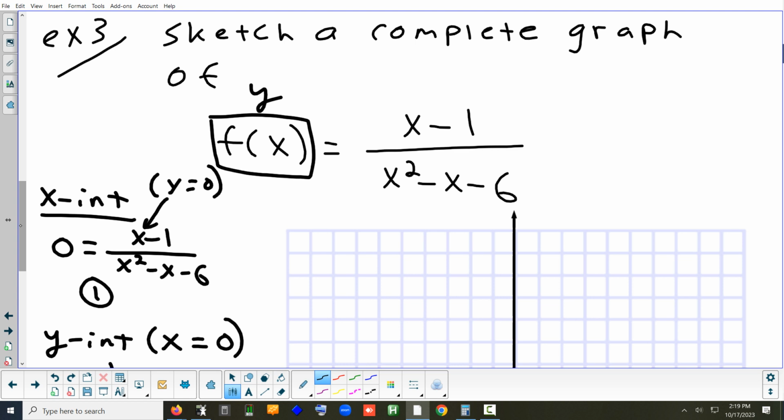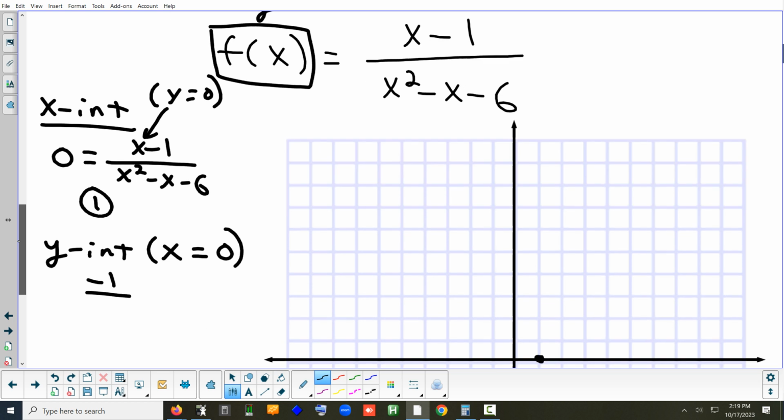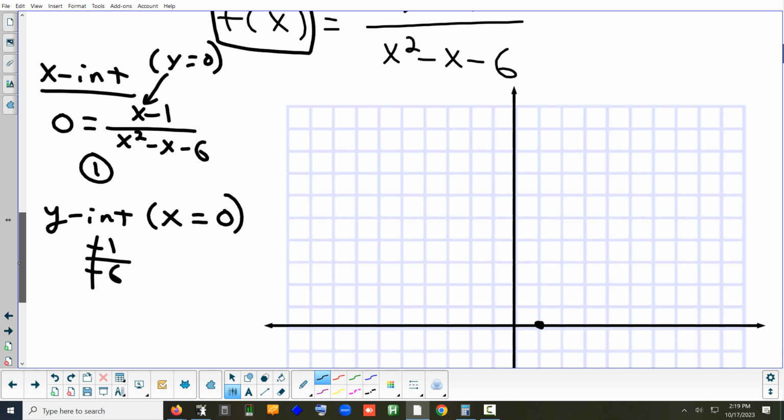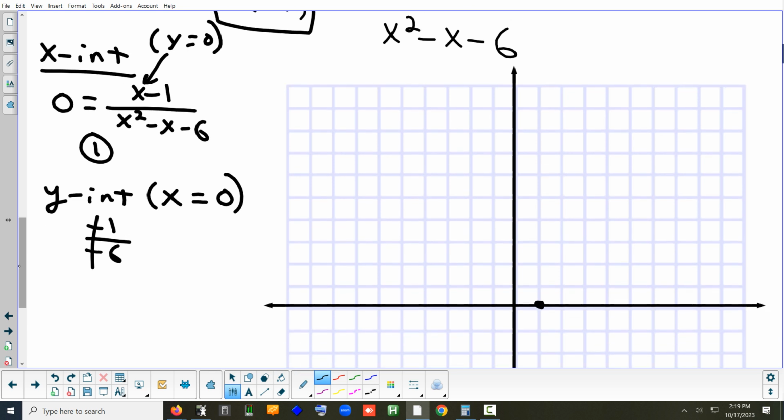And if you plug 0 in the bottom, what's 0 squared, minus 0, minus 6? Negative 6. So my y-intercept is at 1/6. It crosses just above the origin. Those points are so close together that it's not really super helpful, but that's okay.